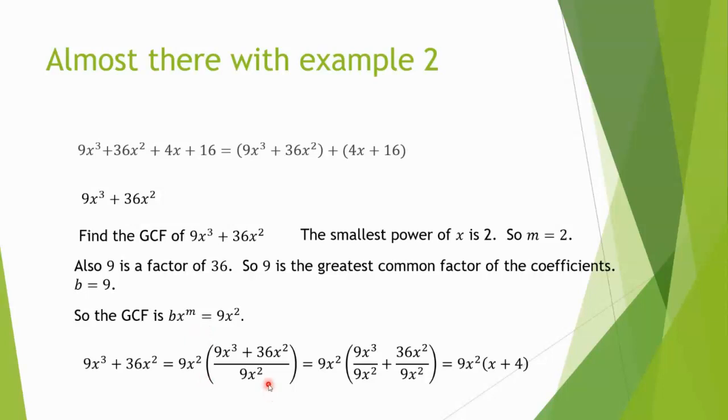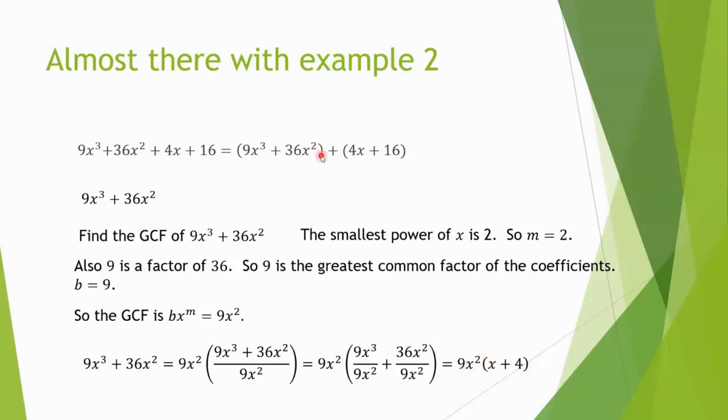When you divide, you have to divide into each term in a sum. By dividing, we get this. You can see the 9s cancel, and all that's left here is x, because you subtract exponents. Here, the x squares cancel, and 36 over 9 is just 4.